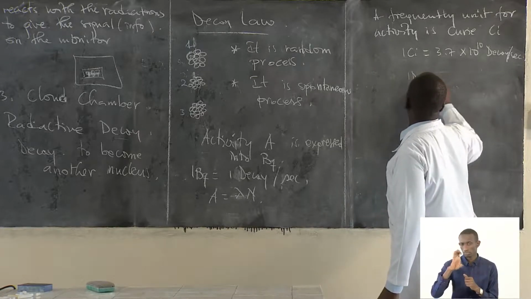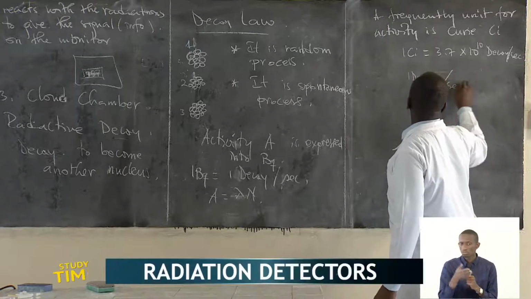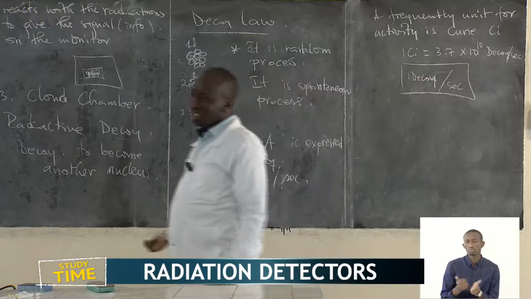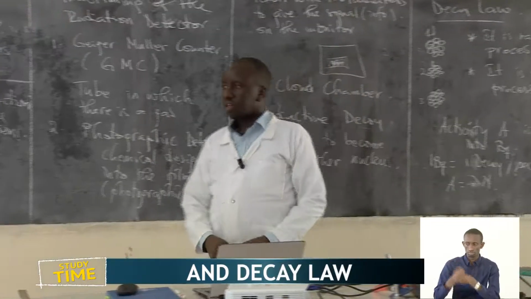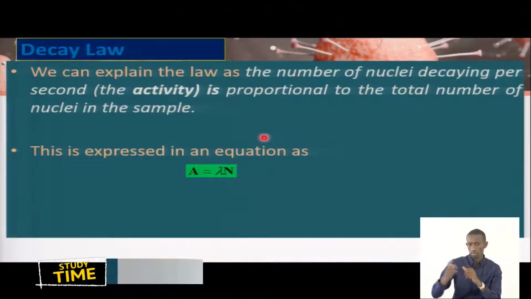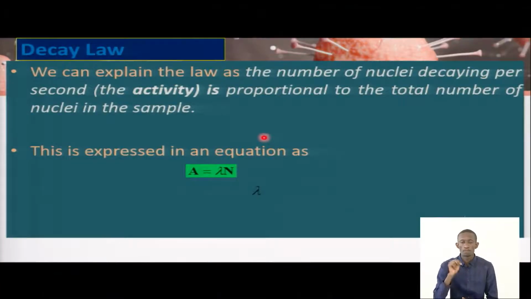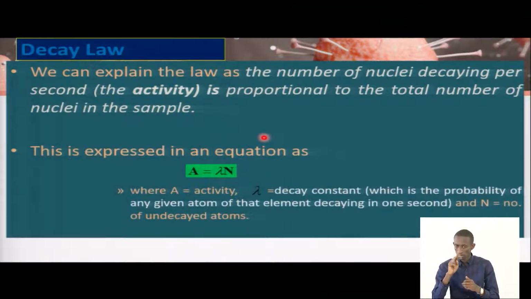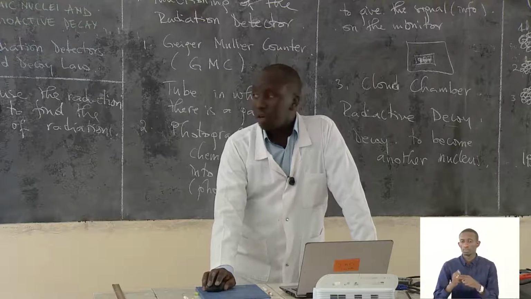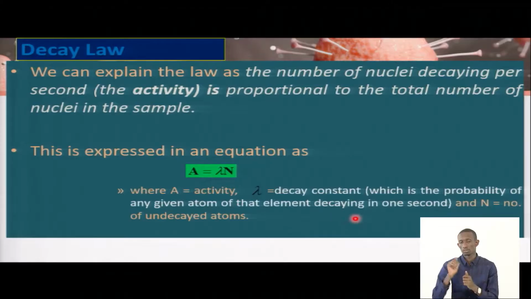This is giving you the law that we are saying, that is the activity, and the formula is lambda times N. Lambda is what we call the decay constant. And this lambda is the probability of any given atom of that element decaying in 1 second.